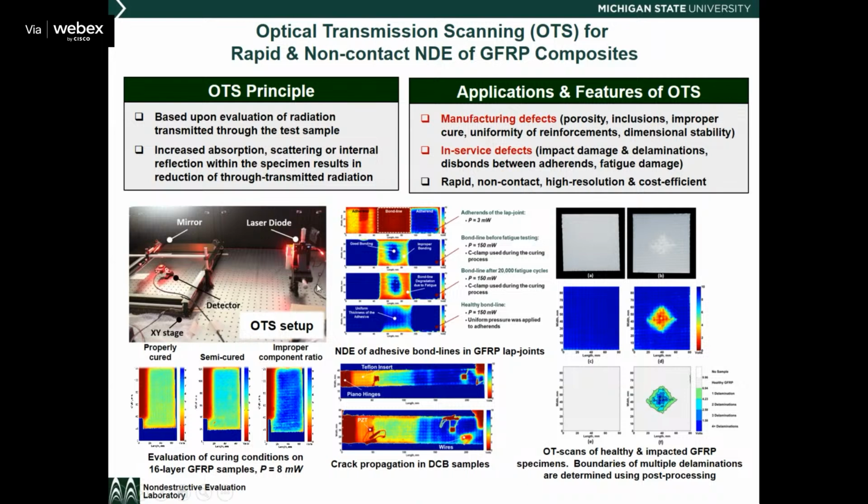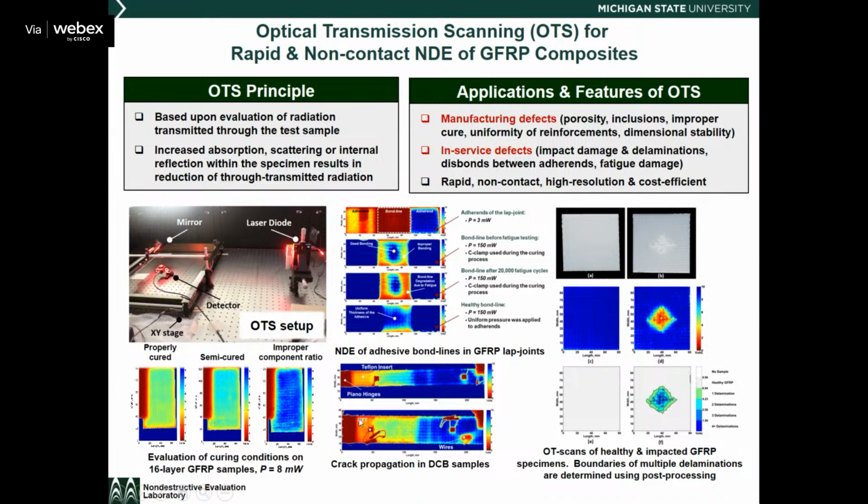Then you can get the GFRP material, which is opaque in optical visual frequency, but it's more like transparent to this particular laser. So you can see the subsurface information.